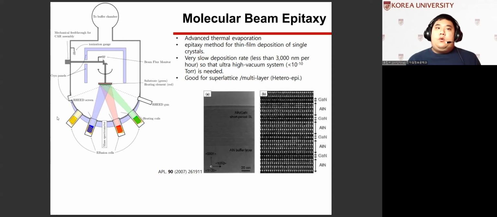We can use multiple heating coils and multiple sources to select the materials and evaporate them, like ALD-like structures, or even chemically react them, or open multiple materials at one time. However, this molecular beam epitaxy is extremely expensive, so it is nearly only used in laboratories. Thank you for listening.